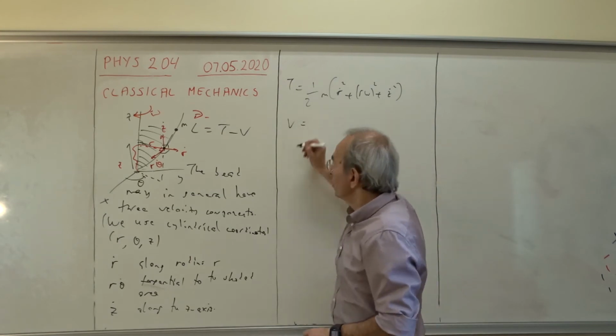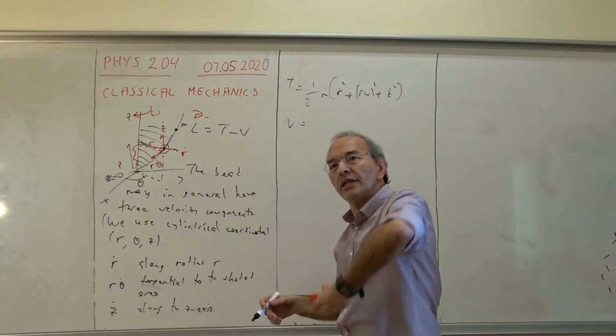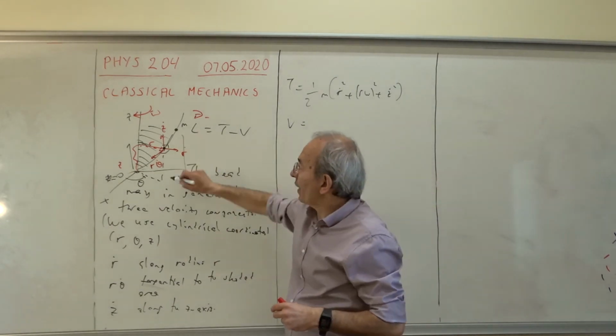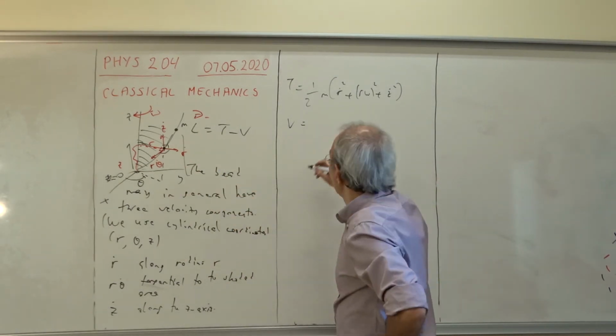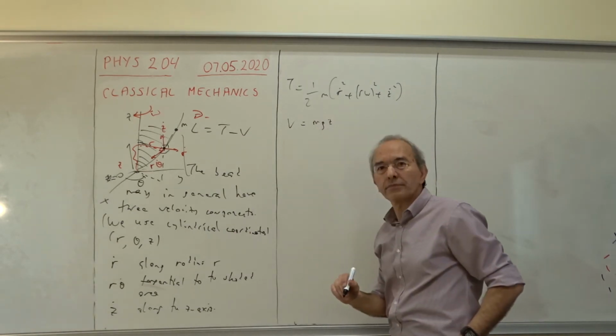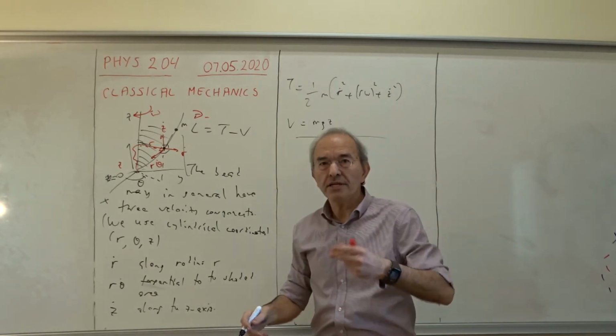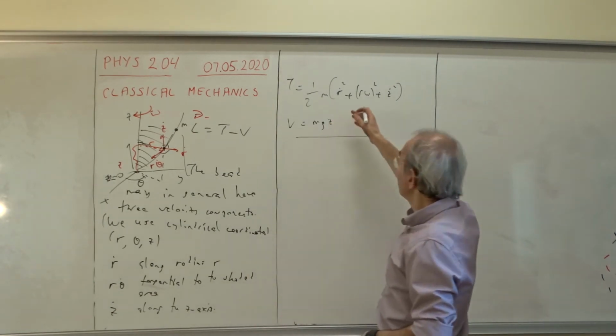Potential energy, you can choose this point as z equals 0 level, so that it has a height of mgz at any moment. It is m times g times z from the origin. But since z is given by a function, b times r squared, z dot can be written accordingly.